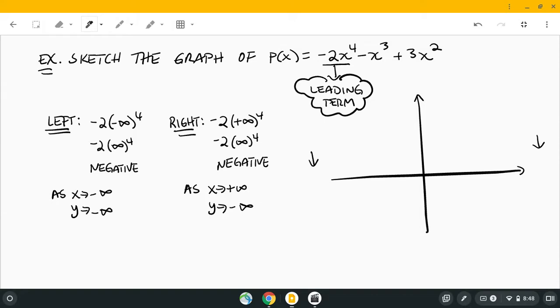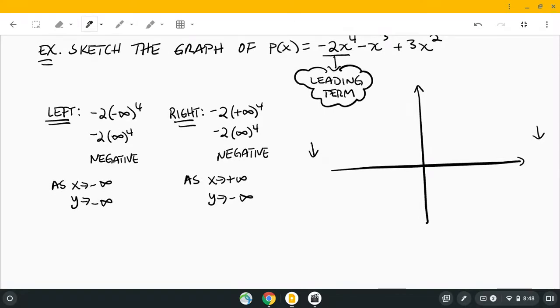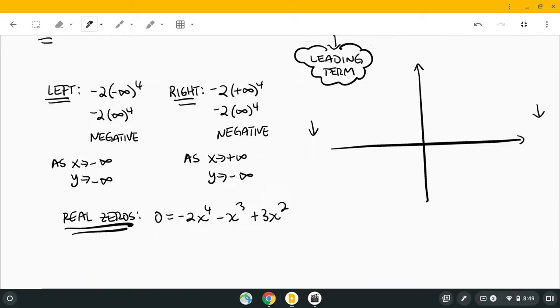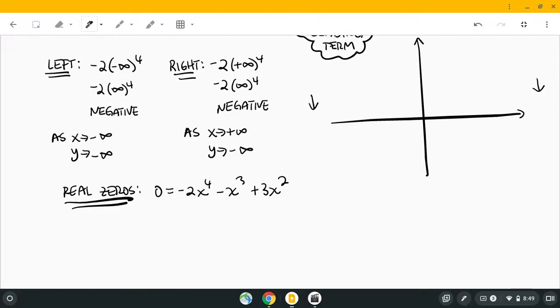All right, let's go ahead and get the zeros, the real zeros. Okay, so we're going to go ahead and let y be 0: negative 2x to the fourth minus x cubed plus 3x squared. Okay, so here I am going to solve, and I noticed that they all have x squared in common.